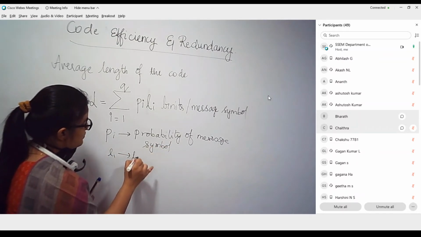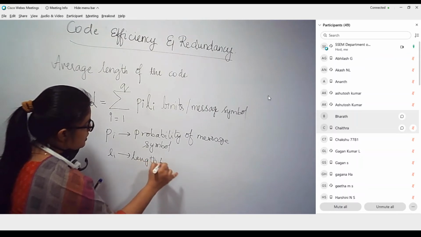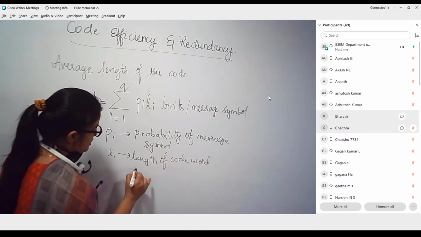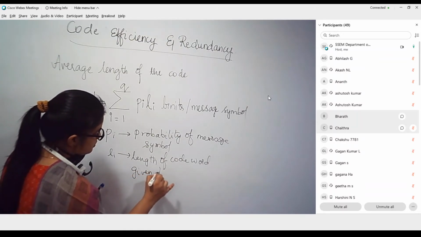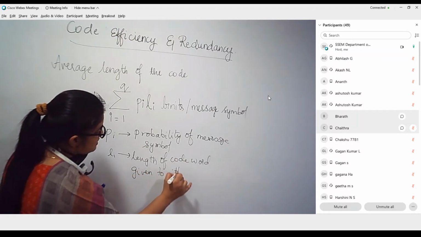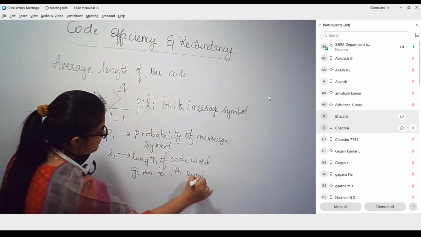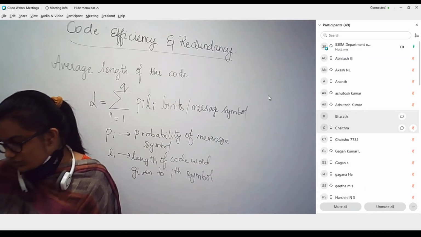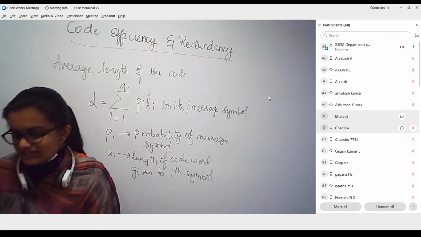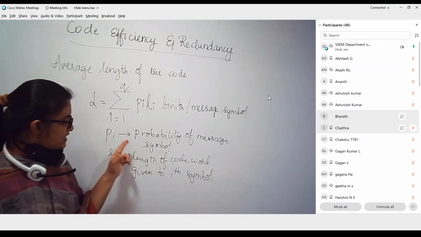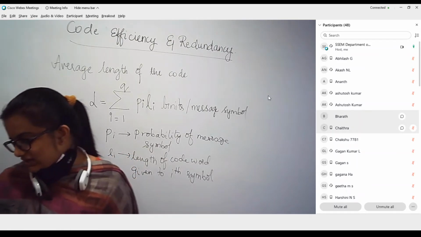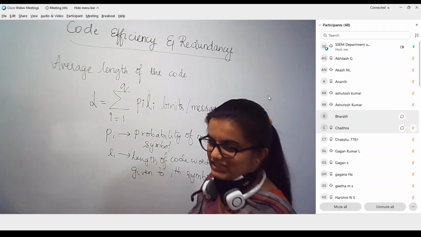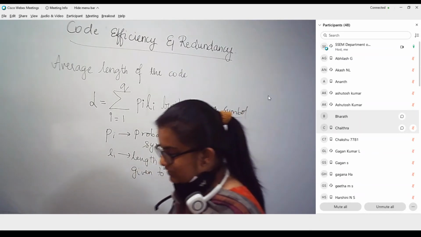Li is the length of the code word assigned to the ith symbol, the length of the code word in bits, represented as Li.